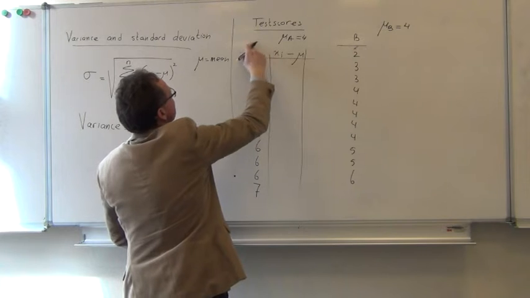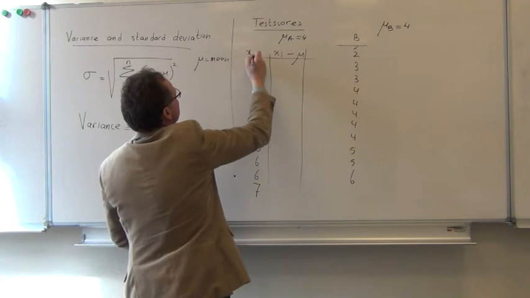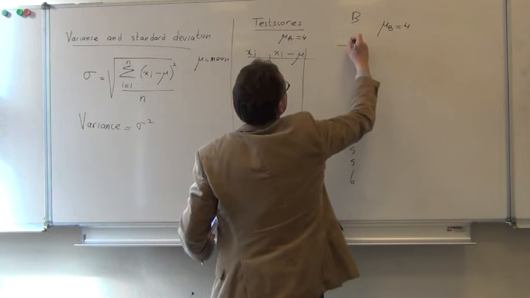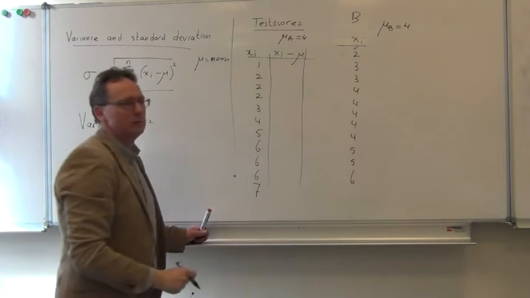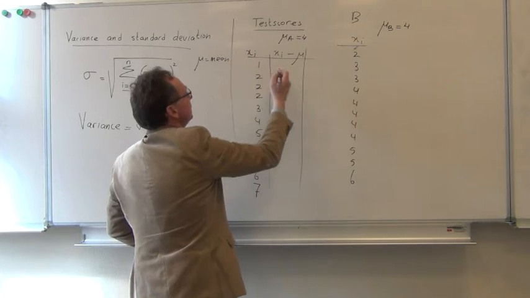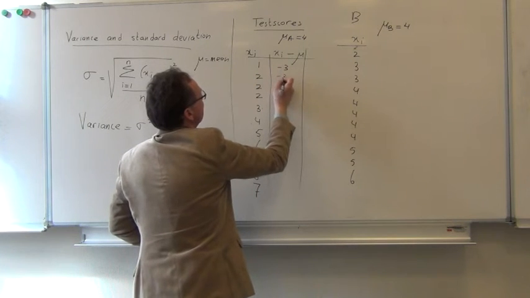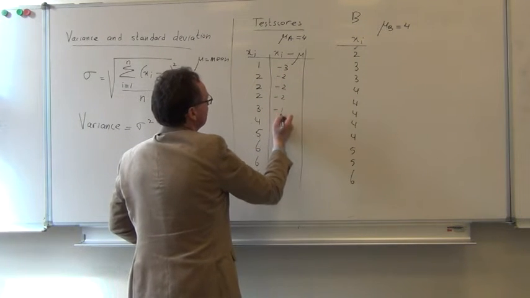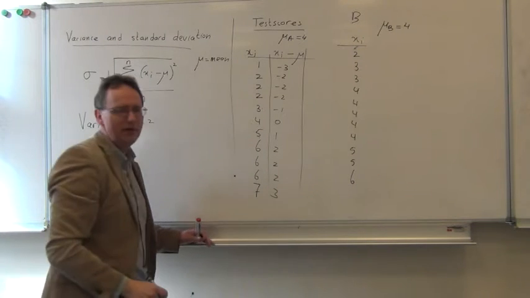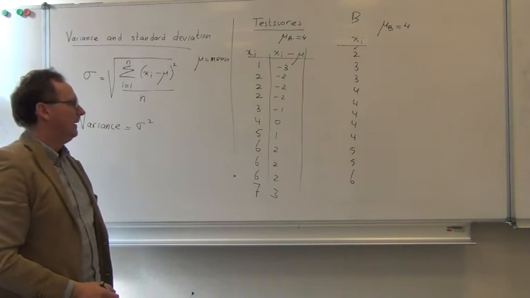Yeah, so you can call the grades the x's, and here as well. So this is class B. And so in the first column, we just look how far they are from the mean. Well, since the mean is 4, 1 minus 4, this is minus 3, minus 2, minus 2, minus 2, minus 1, 0, 1, 2, 2, 2, 3. That, I think we can do.